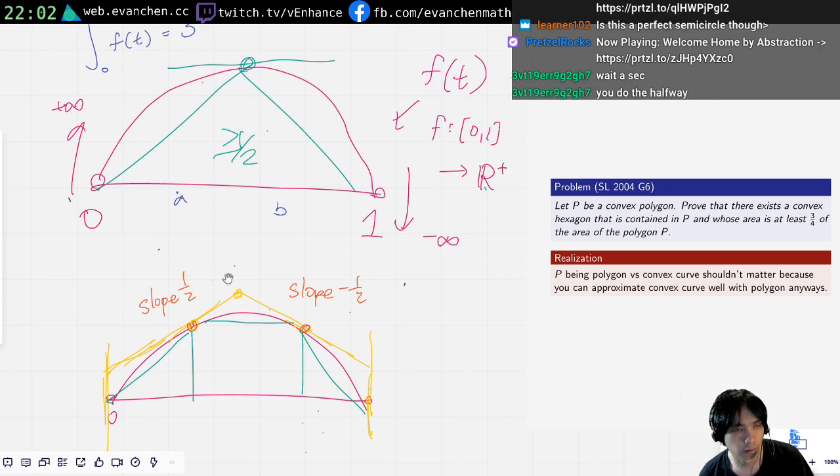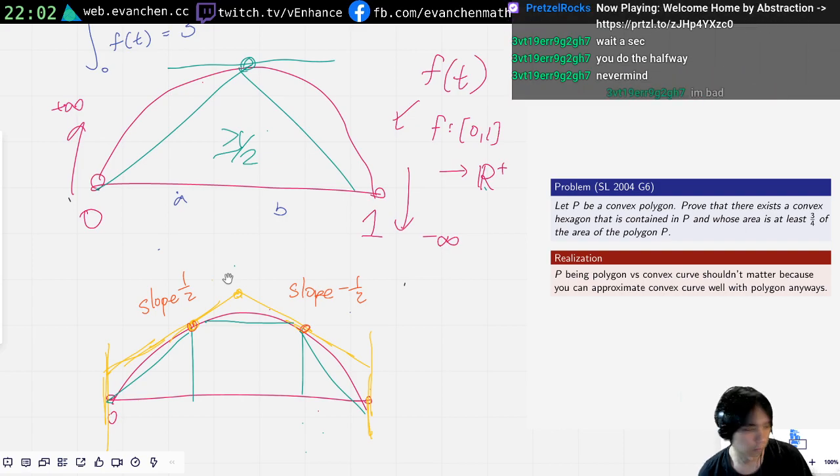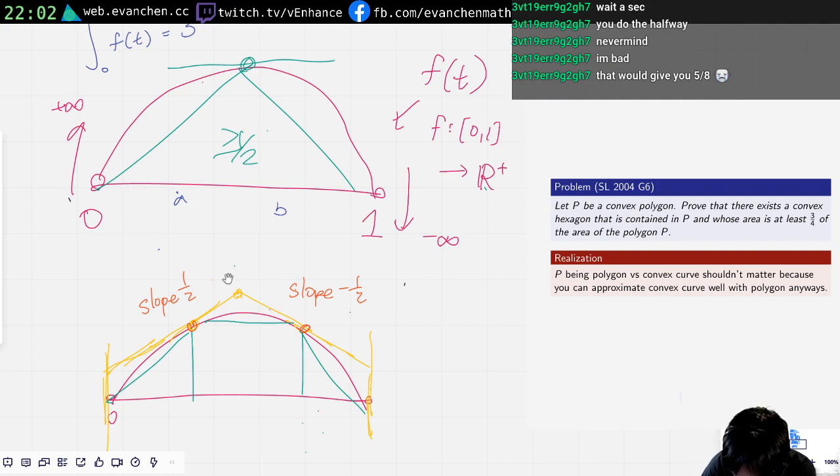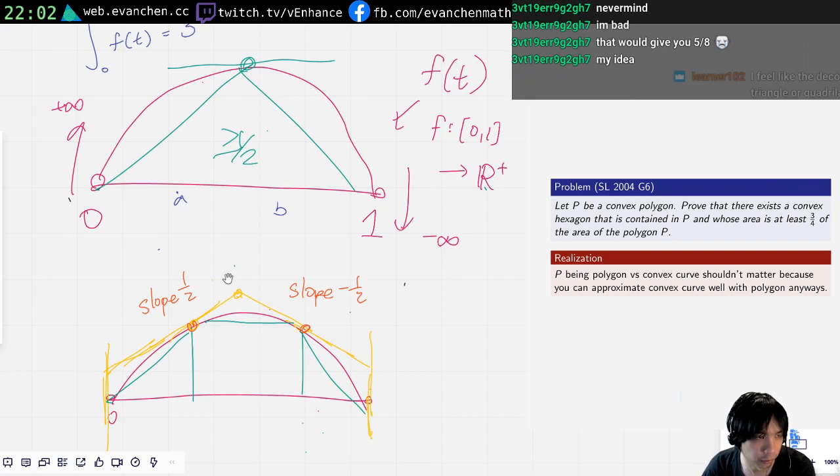You do the halfway? No, oh, never mind. Okay. One reason I do kind of like this is because it will actually... Okay, actually, first, if I'm in a regular hexagon, is this the thing I want? If it's actually a circle, do I get the... Yeah, I had the 5/8 earlier.